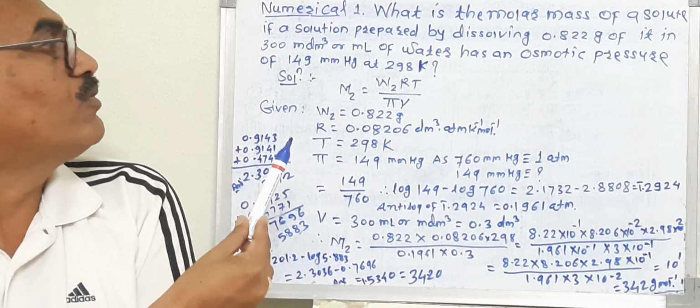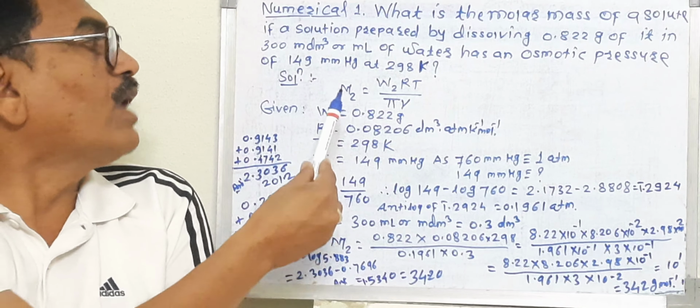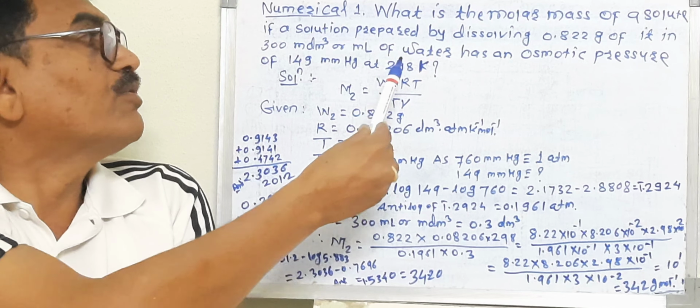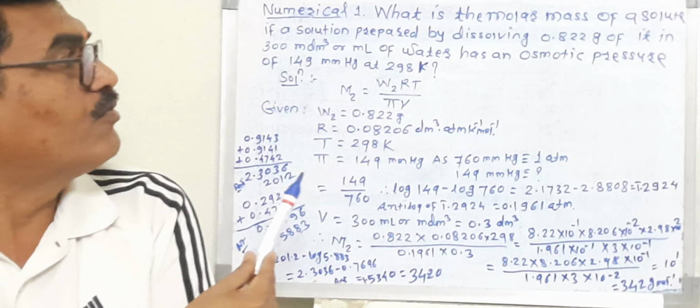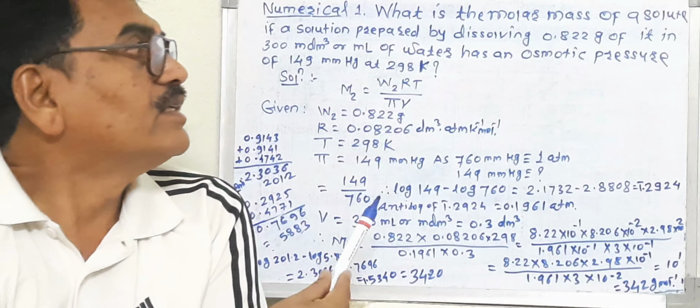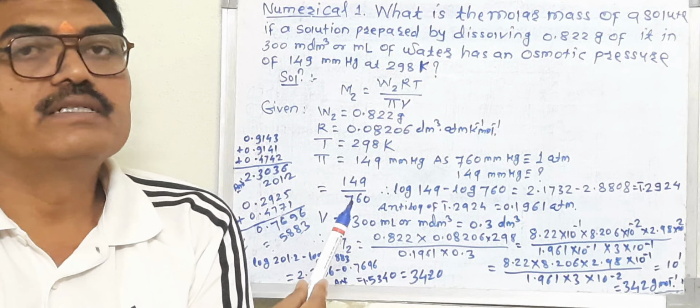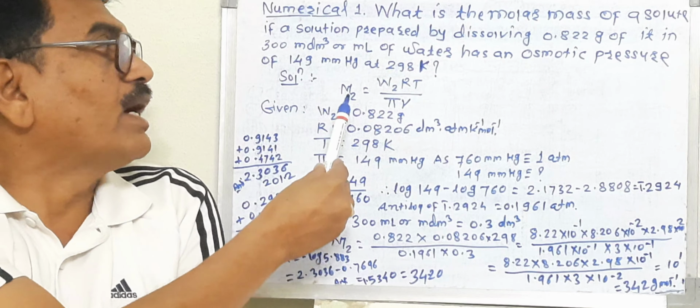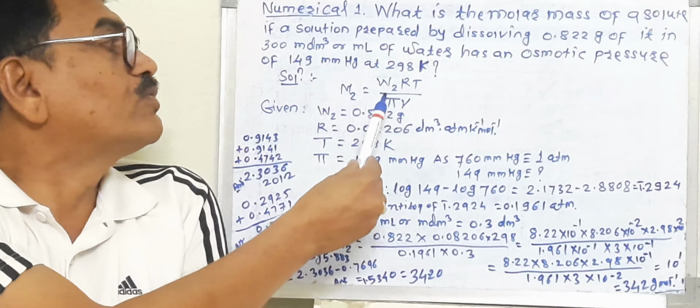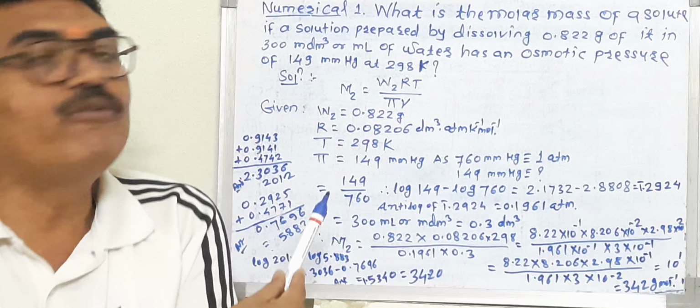Then we have to determine the molar mass of the solute. The osmotic pressure is also given. From this it is observed that this numerical is based on the formula M2 is equal to W2 RT upon pi V.